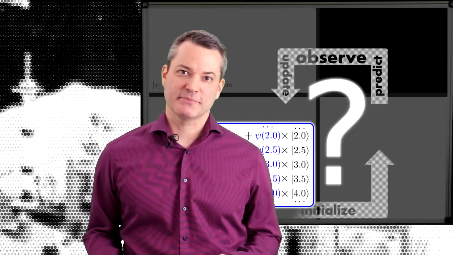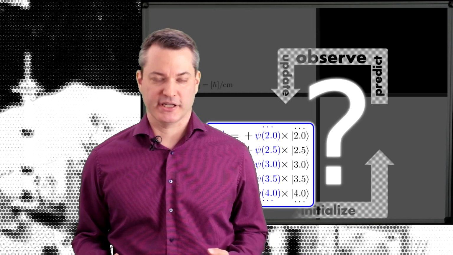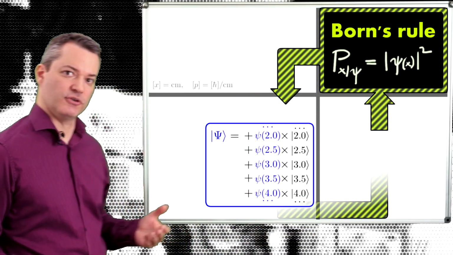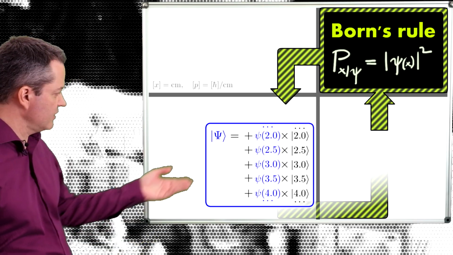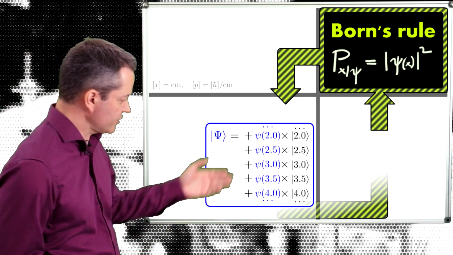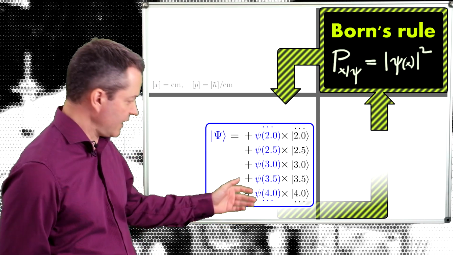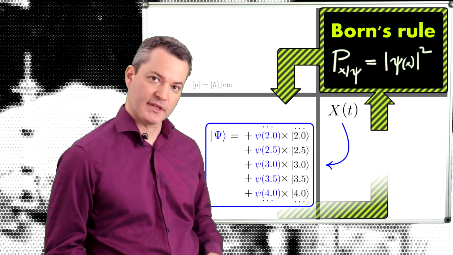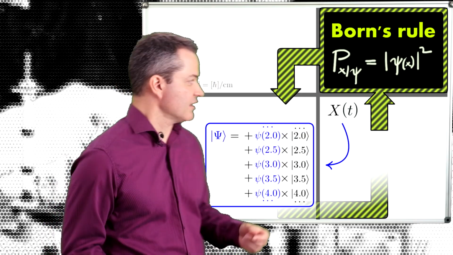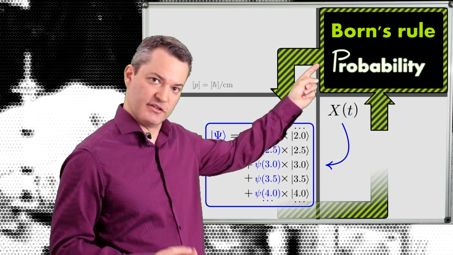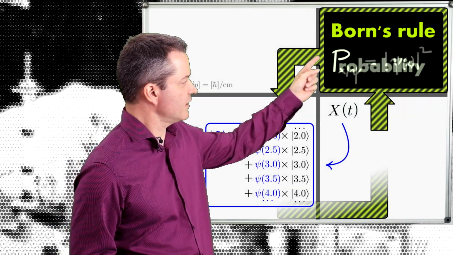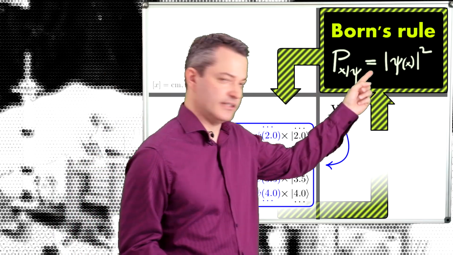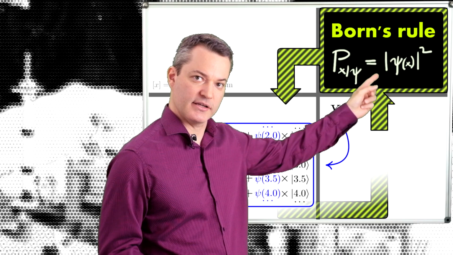The answer is given by a fundamental postulate of quantum mechanics known as Born's rule. In its simplest form, Born's rule states that the vector with wave function ψ(x) with respect to an eigenbasis of the observable X represents the knowledge that the probability that the physical situation corresponds to the outcome x is the absolute value of the amplitude ψ(x) squared.